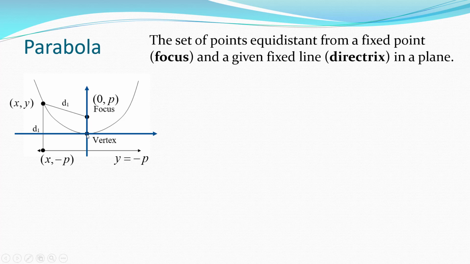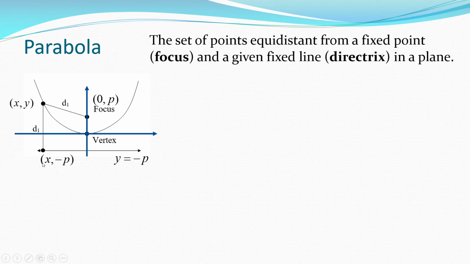Because if the distance between the vertex and the focus is p, the distance from the vertex to the directrix is also p, so this line, being below the x-axis, must be y equals negative p. So the y coordinate of this point directly below our point on the parabola has to be negative p, and it has to have the same x coordinate.